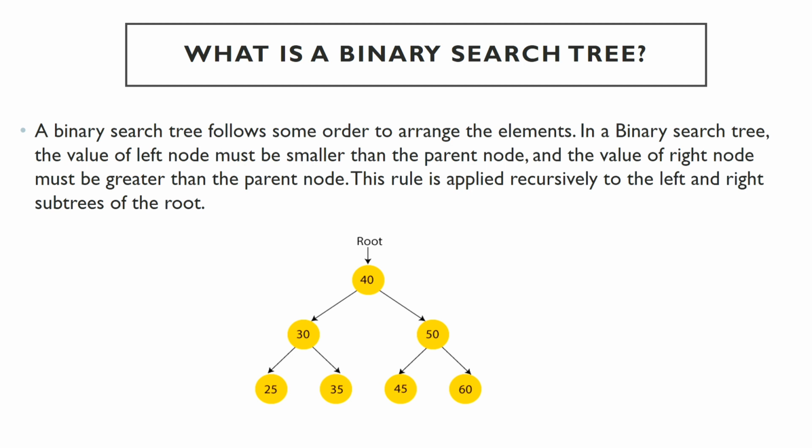Before coming to the binary search tree, let's recap what a tree is. I have already explained that in a previous video, but let me recapitulate one more time. A tree is a data structure that is used to represent data in hierarchical form. It can be defined as a collection of objects or entities called nodes that are linked together to simulate a hierarchy.